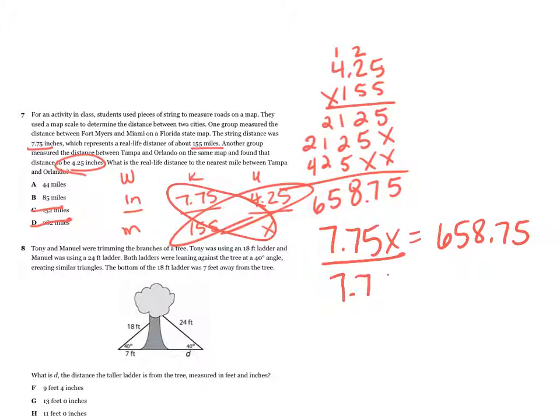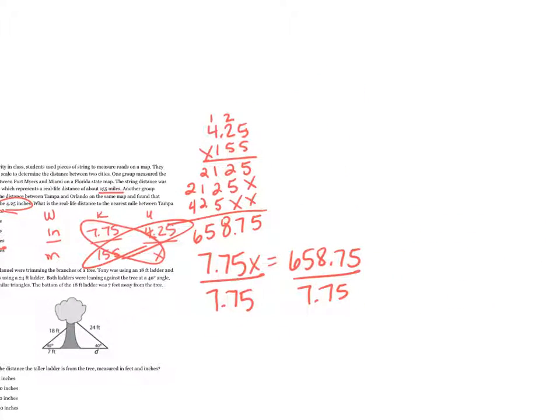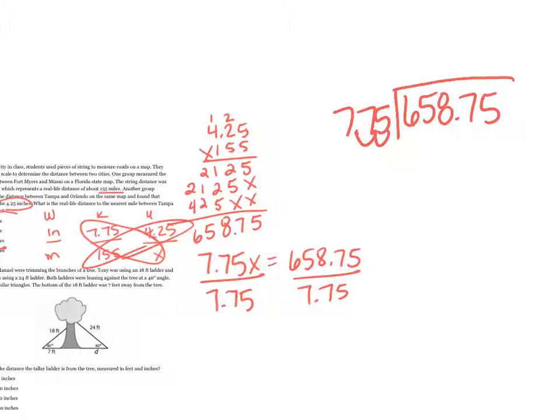You're going to divide by 7.75. Okay, so 658.75 divided by 7.75. Scoot it over.